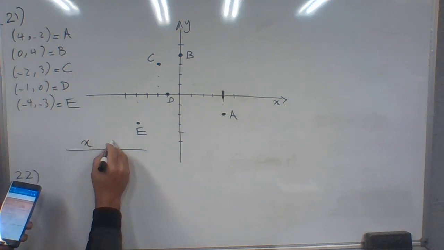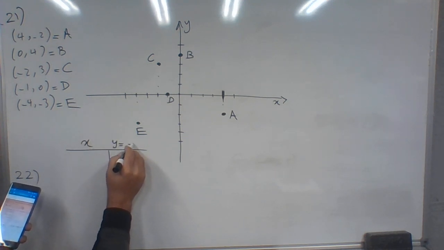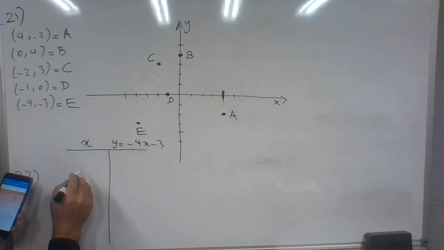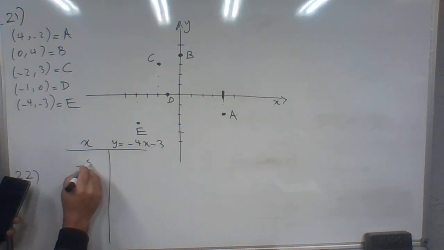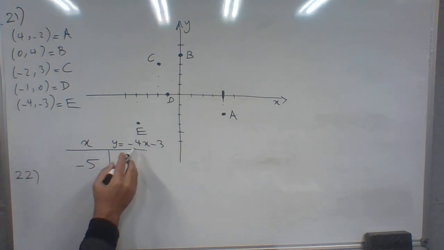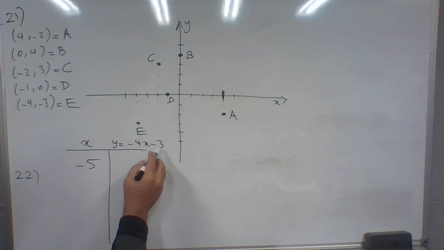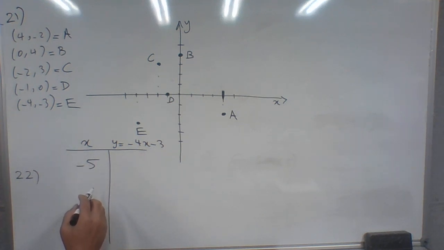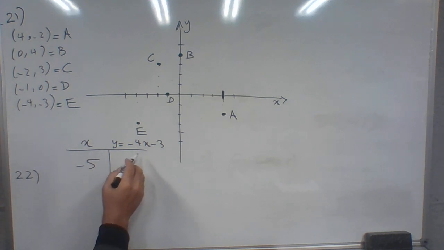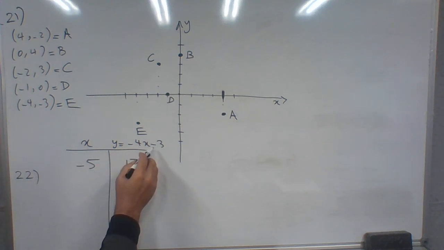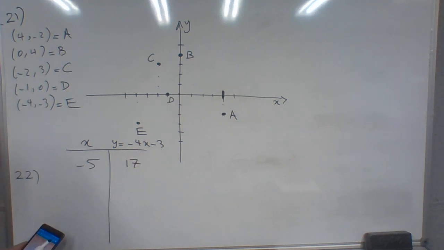This is y equals -4x minus 3. The first value for x is -5. So if x is -5, what is -4x minus 3? That is -4 times -5, that is 20, minus 3 is 17.